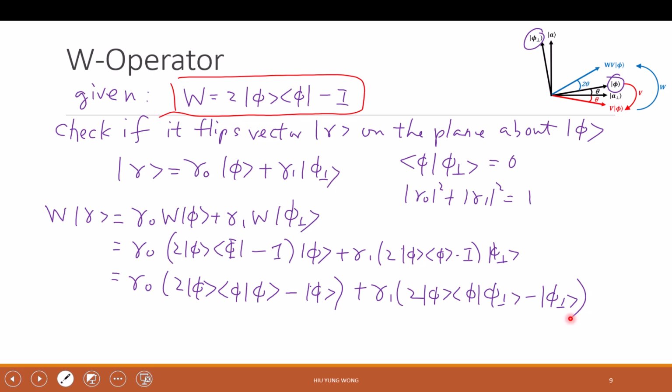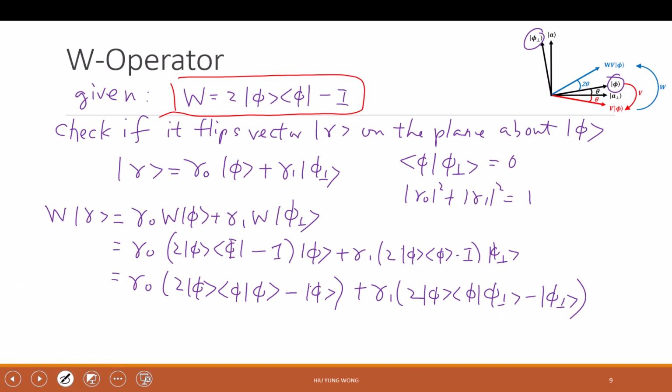Maybe very long, but you just do it step by step, because I just multiply phi to here, so it's 2 phi times phi inner product phi. And multiply by I, then it's just itself. Similarly, phi perpendicular goes in, then I have 2 phi times phi inner product phi perpendicular, and the I term becomes negative phi perpendicular. Right? And again, what do you see?